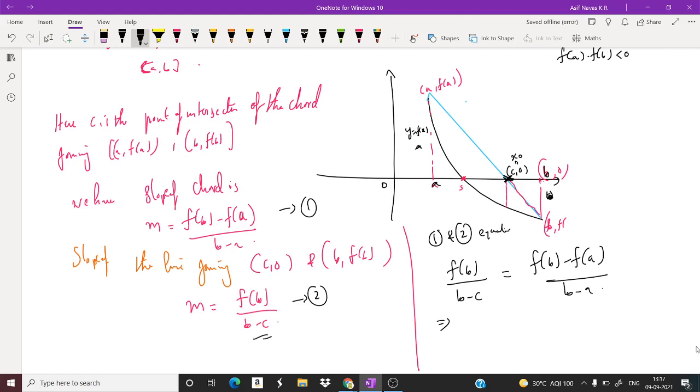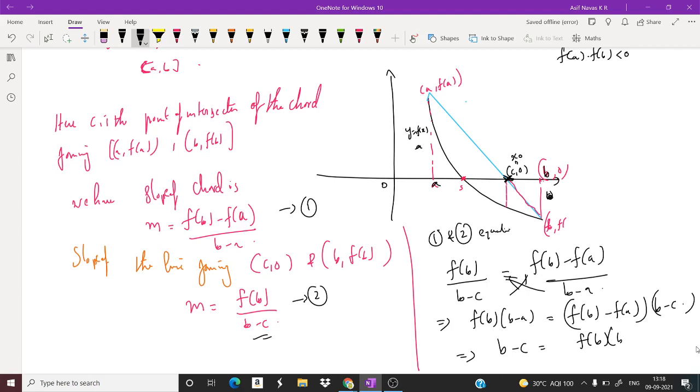Which implies, cross multiplying, f of b into b minus a is equal to f of b minus f of a into b minus c. So b minus c is equal to f of b into b minus a divided by f of b minus f of a.